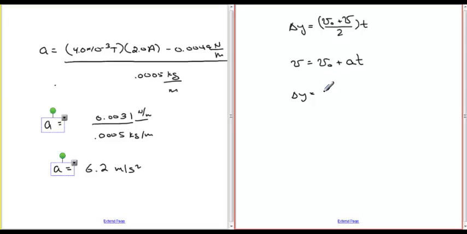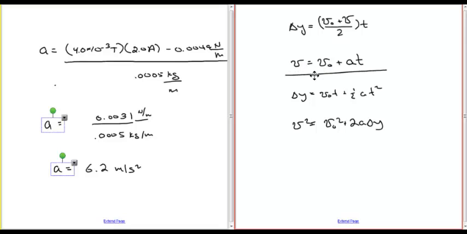They didn't ask us for distance, so we don't need to worry about that. It looks like this one would be the one that we would use.